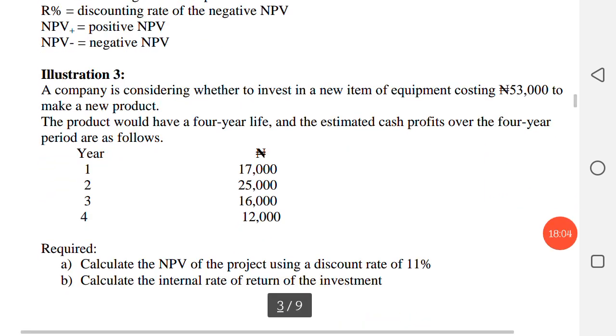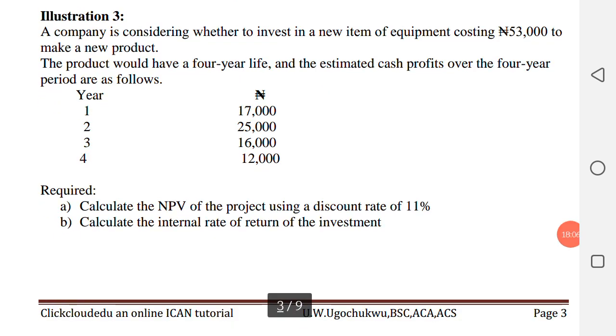Now let's look at this illustration 3. We are given the initial outlay of 53,000, and the cash profit for 4 years: year 1 is 17,000, year 2 is 25,000, year 3 is 16,000, and year 4 is 12,000.